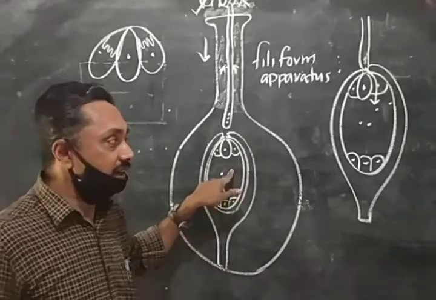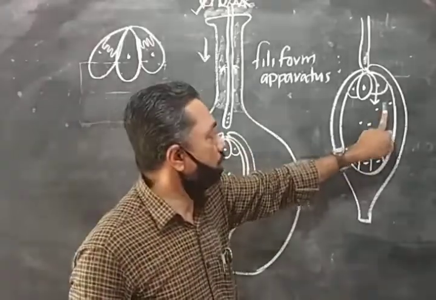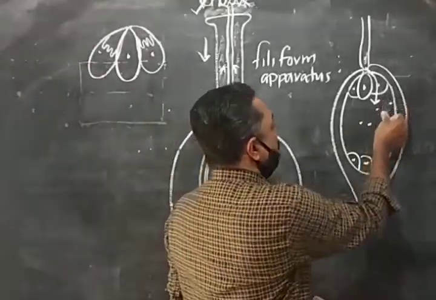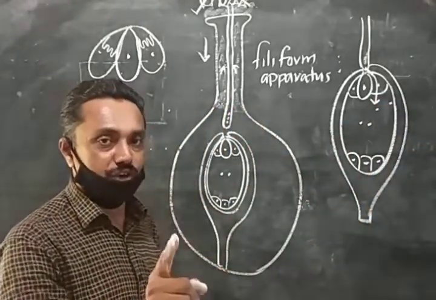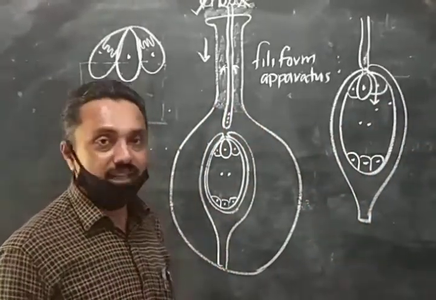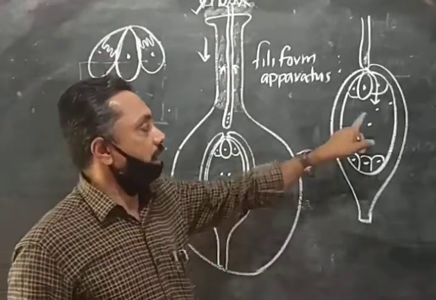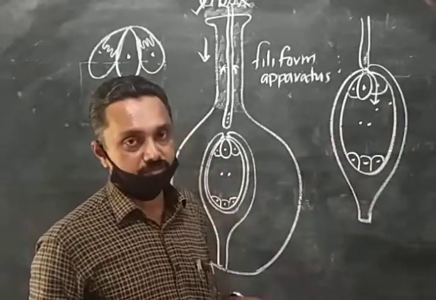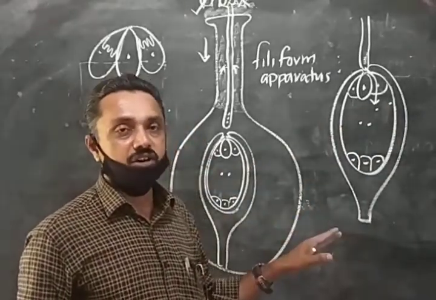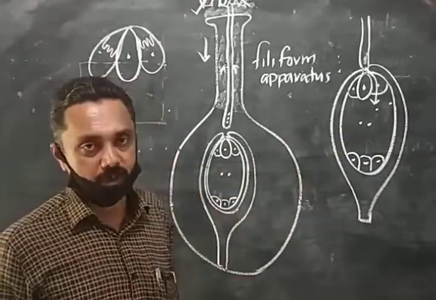The role of the vegetative nucleus is to guide the pollen tube and deposit the two male nuclei into the embryo sac. After doing that function, the vegetative nucleus disappears.